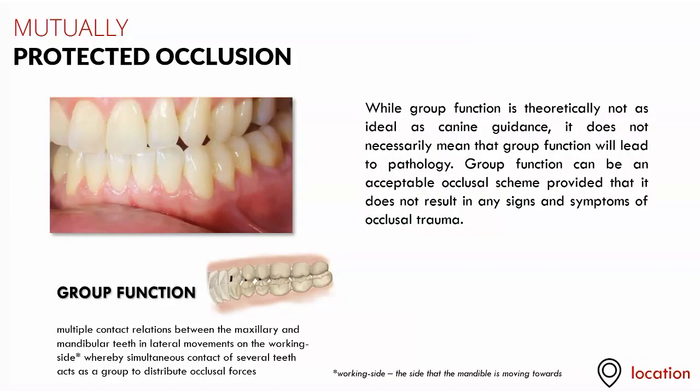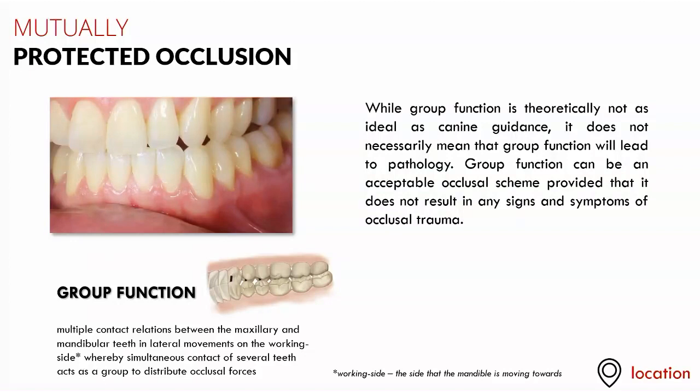The patient's jaw is moving to the patient's left side, right? In that video. So that would be termed a left working movement. So basically the side that the jaw moves towards is the working side. That's the definition, okay? So group function, just like this diagram shows, is multiple teeth contacting when you move laterally.